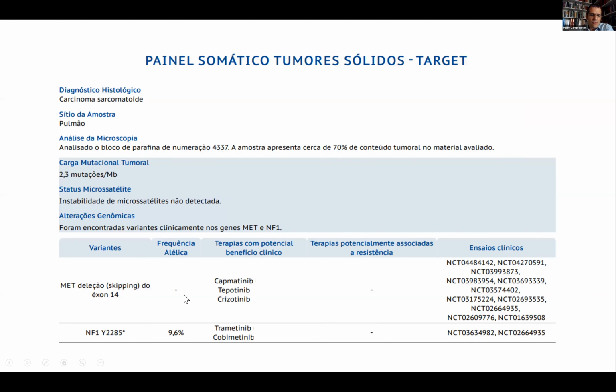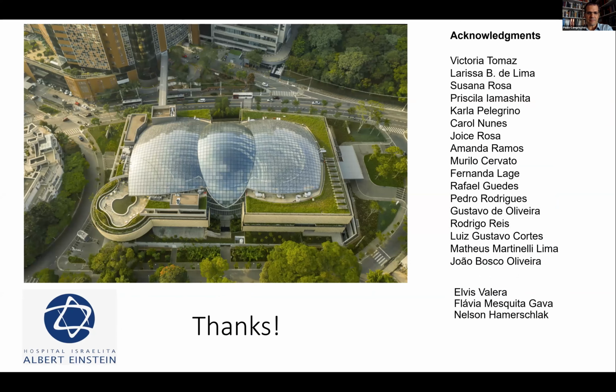Sorry, the report is in Portuguese, but we could state that this patient had a skipping of exon 14 of MET. So this is just to illustrate how RNA-based assays can help us also in splicing events. And with that, I want to finish.